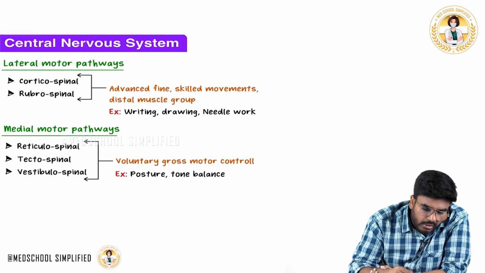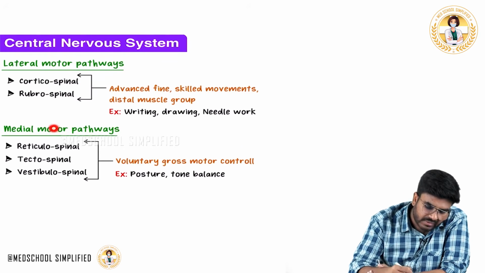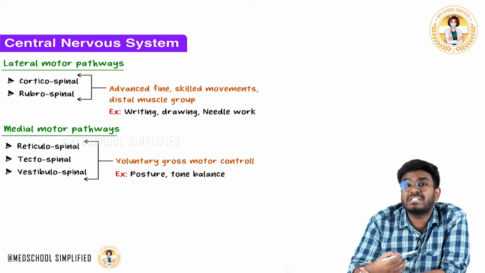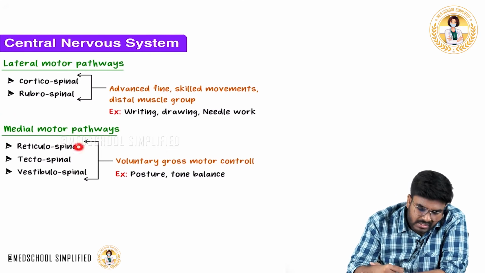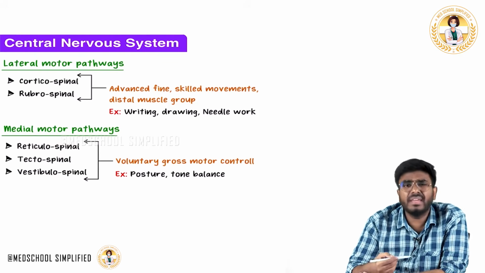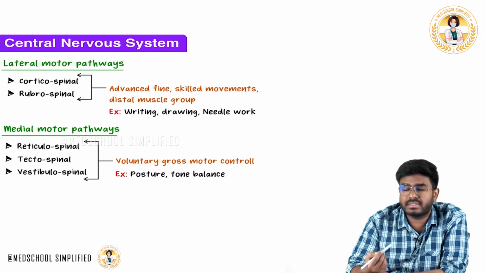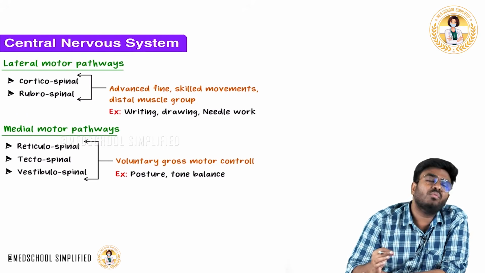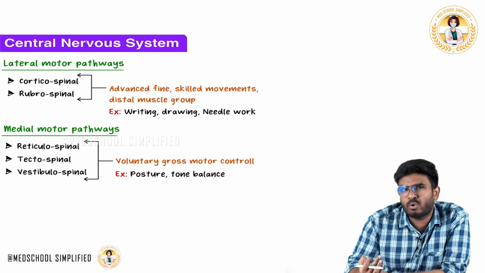So that's why corticospinal tracts and rubrospinal tracts are considered the lateral motor pathways, which are involved in advanced fine skilled movements. But the other pathways, the medial motor pathways, include mainly the extrapyramidal pathways. All these extrapyramidal pathways are involved in motor movement, but not fine motor movements, the gross motor movements.